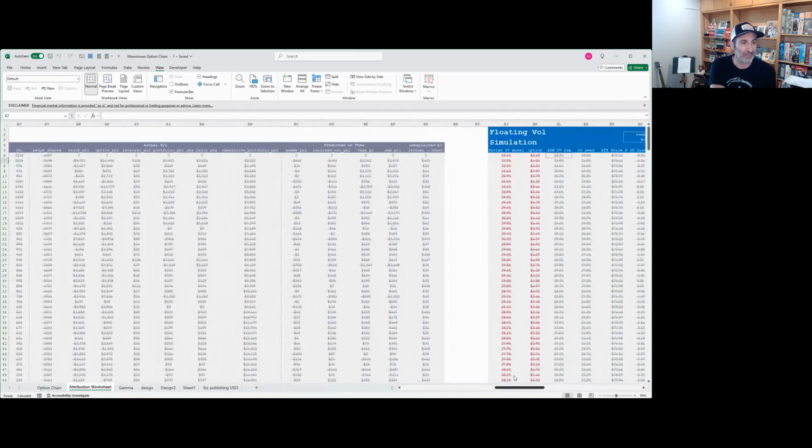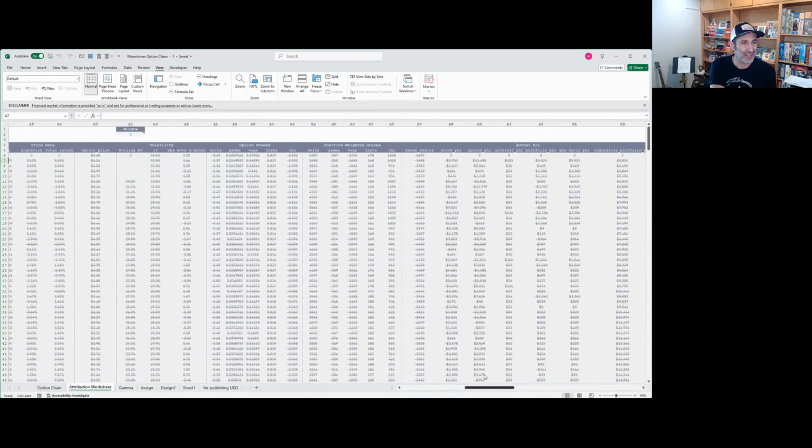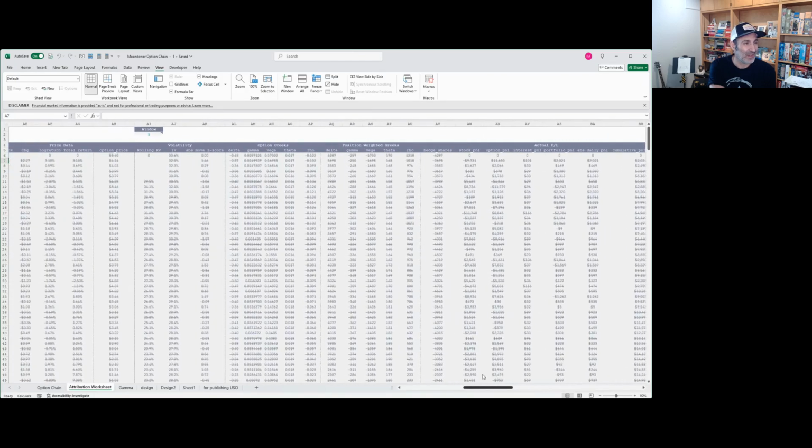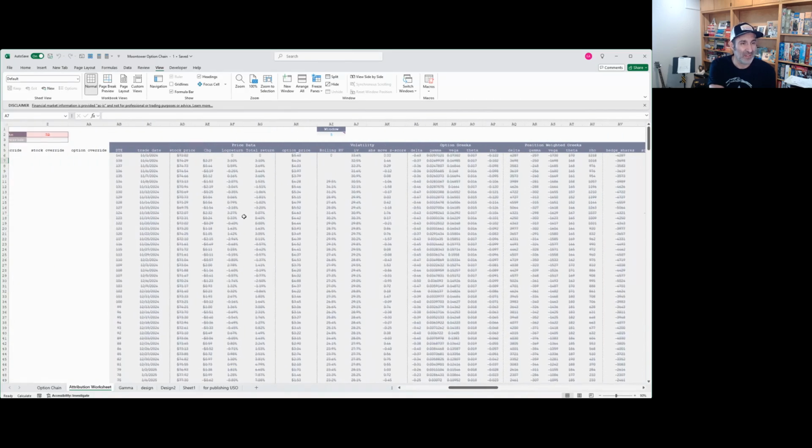Oh, there it is. The option started at $5.40. When it was an at the money put, it was a $5.40 option.